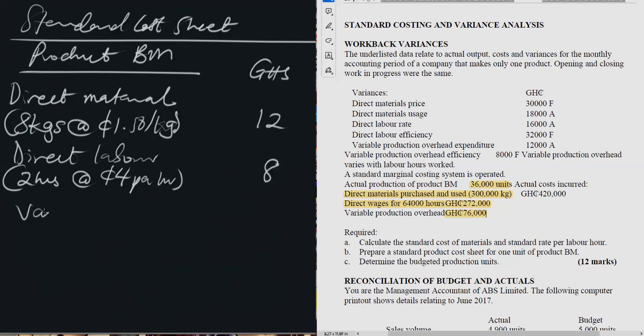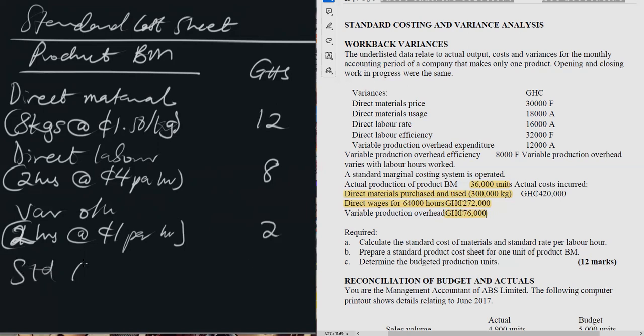Then when we get to variable overheads, you would also use 2 hours just like labor because it goes with labor hours, but the rate was 1 cedi per hour, right? So in that case, that means it is 2. So the standard cost for this should be 22, because it's 12 plus 8 plus 2. 8 plus 2 being 10 plus 12, 22. So this is how you deal with variances.